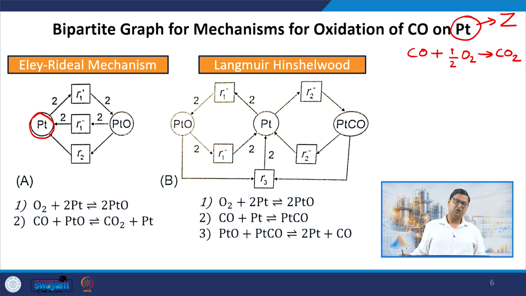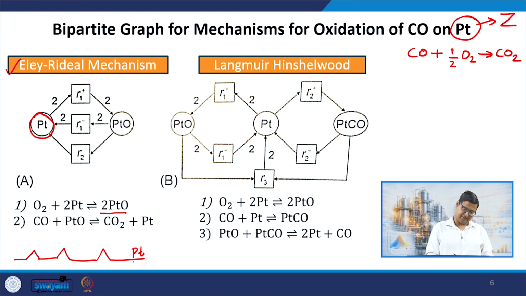Now there are two mechanisms. One is the Eley-Rideal mechanism, in which we say that the oxygen from the bulk reacts with the active sites, in fact two active sites, and it forms two PtO. So basically this is my Pt surface.